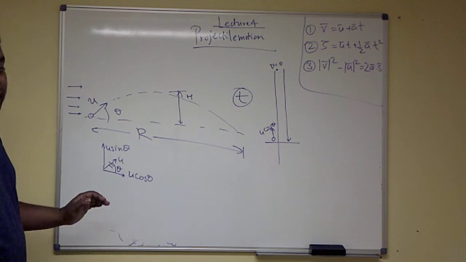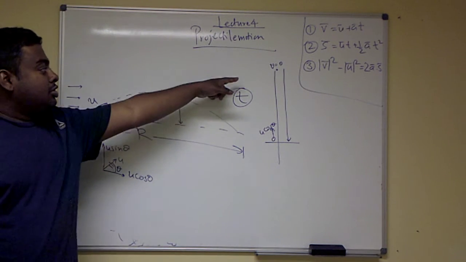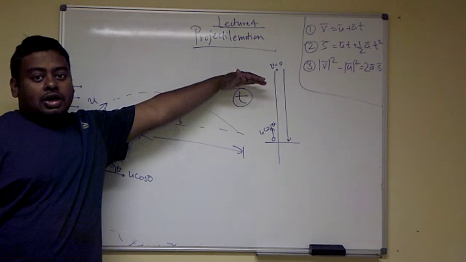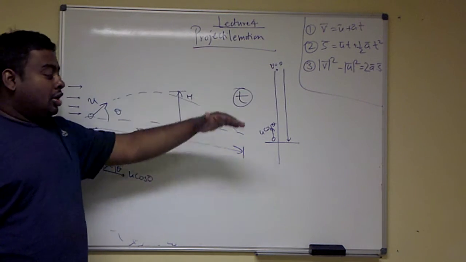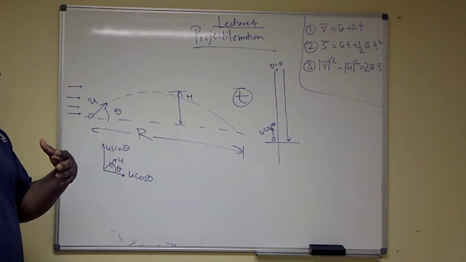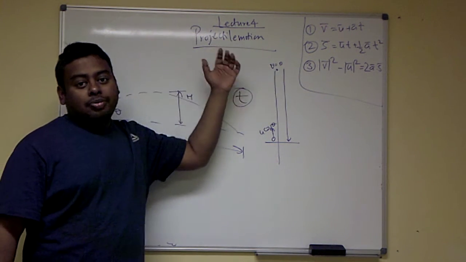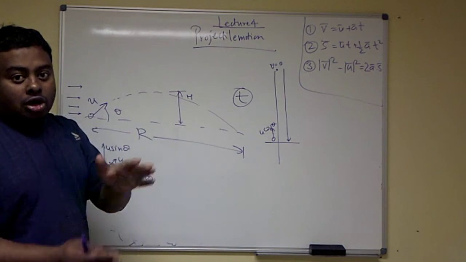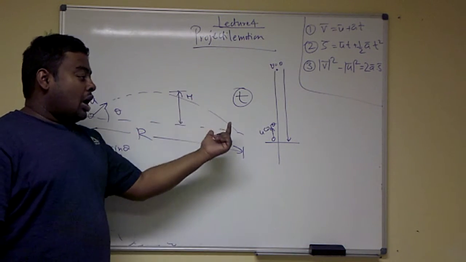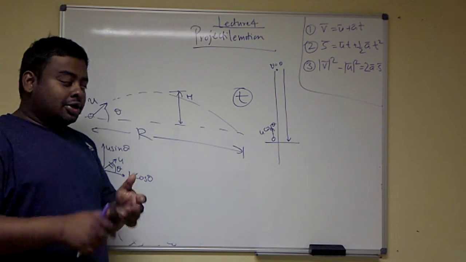What we are looking at is the instant when the velocity in the upward direction will become zero. At the point when the velocity in the upward direction becomes zero, that will be the point when the shot put or the object will achieve its maximum height.